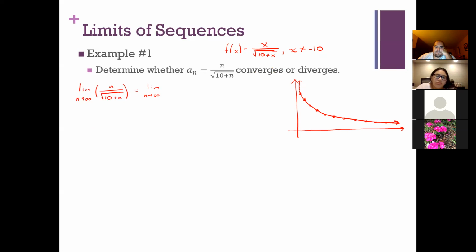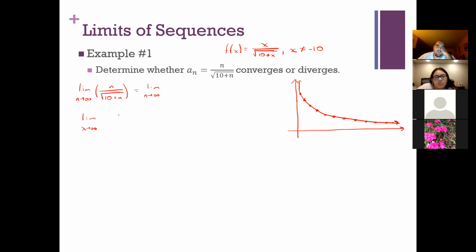We already discovered that we have one of our indeterminate forms here. And our limit is defined for positive values, there's no negative 10, so that's another reason we can do this.